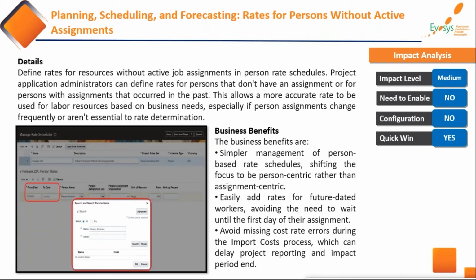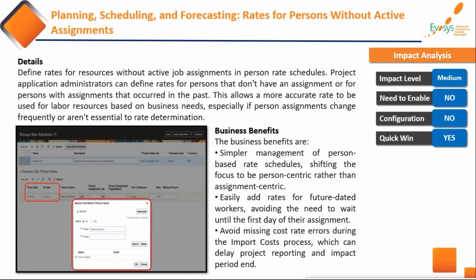Rates for person without active assignment. This is again a most demanding functionality which they came up with. Previously, let's take an example: there's a new worker who has recently joined, and their assignment, meaning their job positions, is yet to be entered into the HCM, the human capital management module, so their assignments are not there.